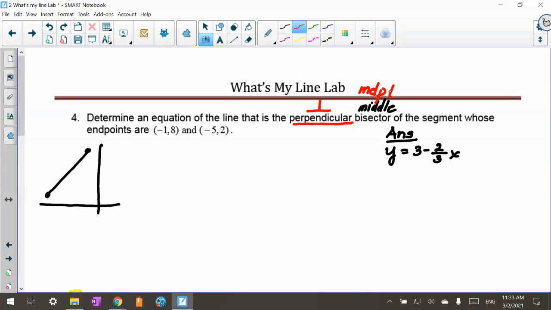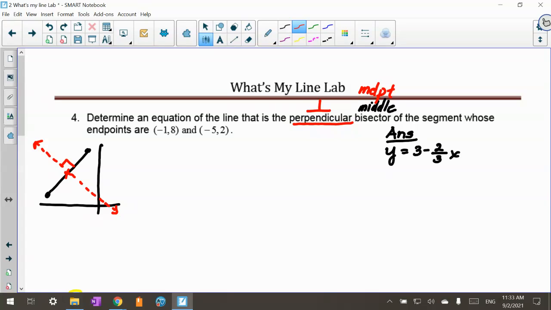Basically I have to find the middle, and then the line we find is going to form a right angle. So I'm looking to find that dotted line. It's just a picture way to look at this equation. They told me it's perpendicular to this segment, and it goes through the midpoint.